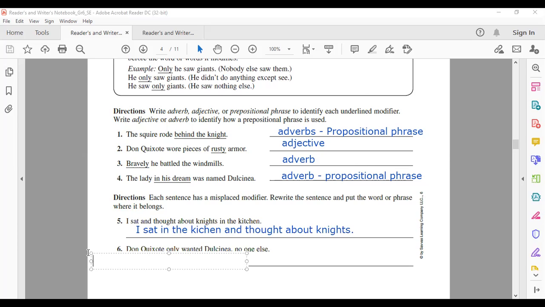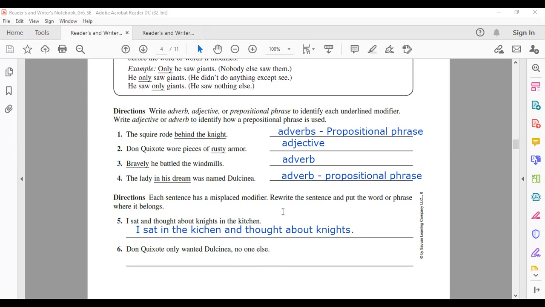Excellent job. Number 6, Malak. Don Quixote only wanted Dulcinea, no one else.